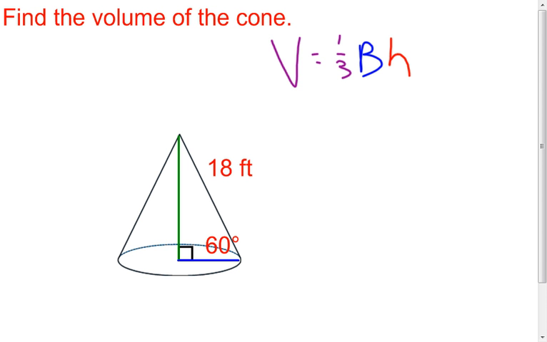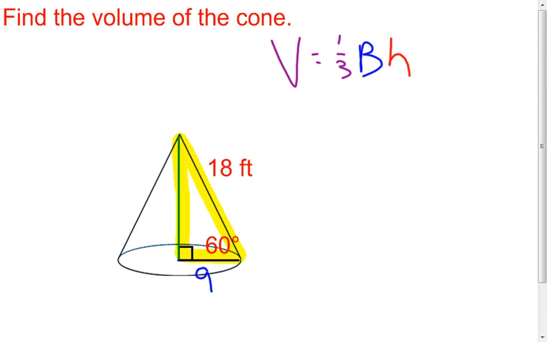Unfortunately, to start off with, I don't know the radius, the little blue piece here. But I look at my picture and notice I have a 30, 60, 90 triangle in here, and I know the length of the hypotenuse. So very quickly I can calculate the length of the radius, which is the short leg of my 30, 60, 90 triangle, just by taking the hypotenuse and dividing by 2.